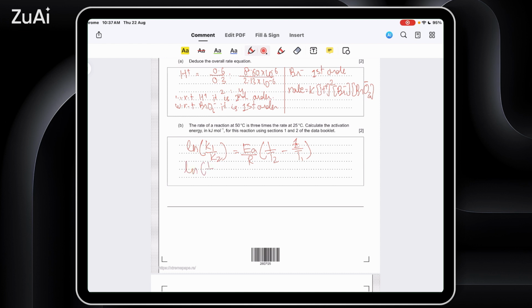Ln rate is 3 times, so 1 over 3 is equal to activation energy. We have to find, R is 8.31 times. Temperature is 323 minus 298. So you have to rearrange them and calculate the activation energy. So you will find that is 35.1 kilojoules per mole.